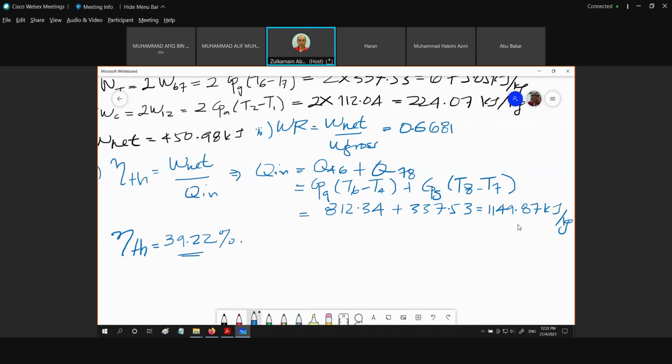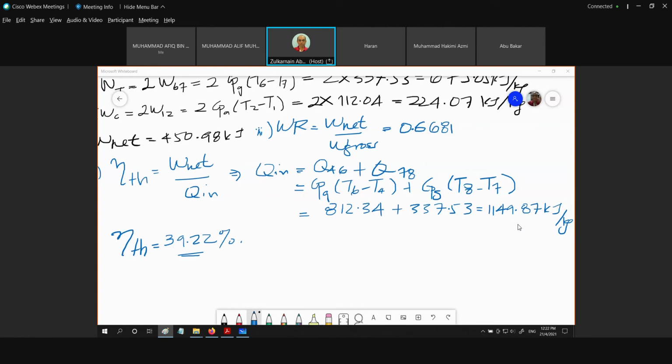Let me take the second part of the question. Same schematic diagram, but we are given the regenerator.